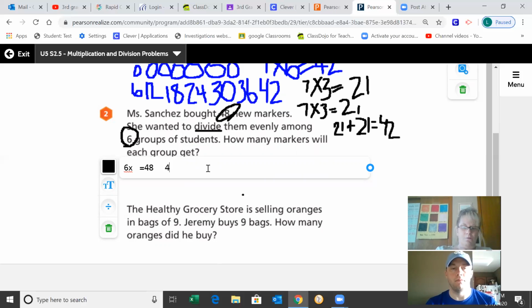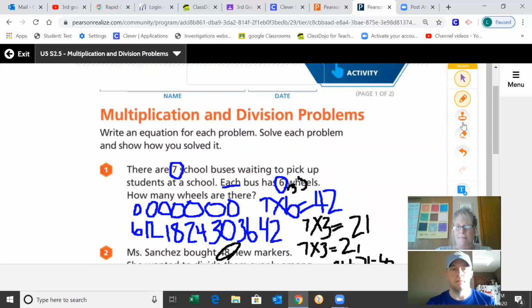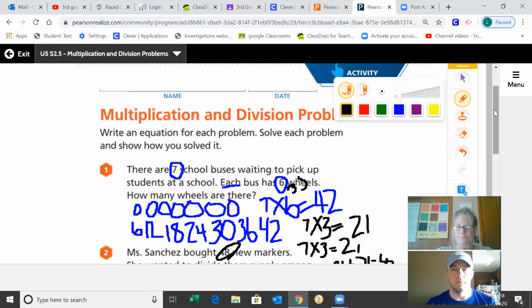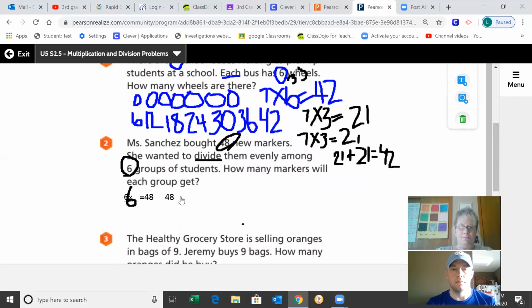So we take our 48 and then we divide it, and of course there is no division sign on my computer. So I'm going to take my pencil and I'm going to pencil in my division sign.